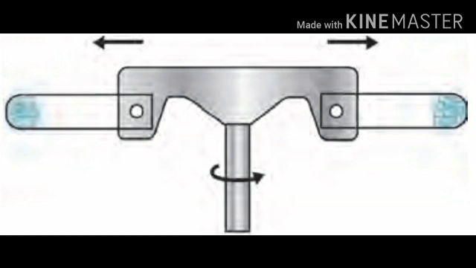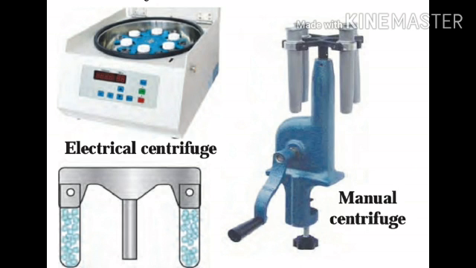When the tubes attached to the disc rotate at high speed, a force is generated which pushes the particles away from the center. As a result, the solid particles in the mixture in the test tube collect at the bottom of the tubes and are thereby separated from the liquid. The centrifuge is used as an electrical centrifuge as well as a manual centrifuge.